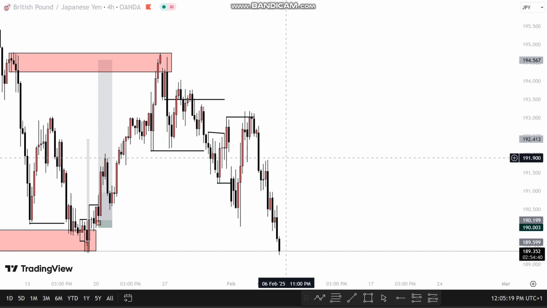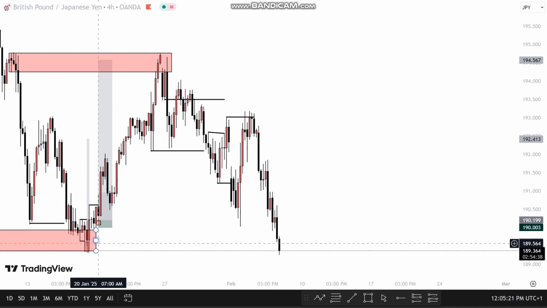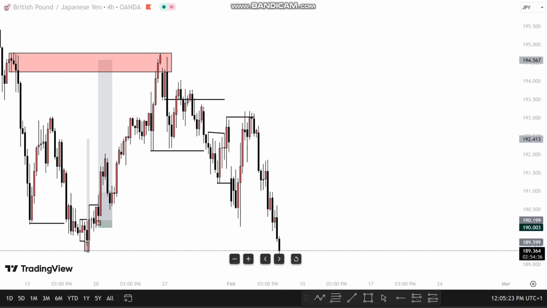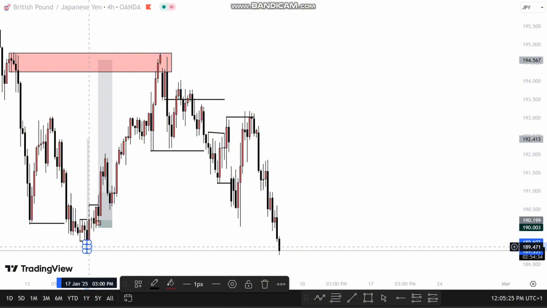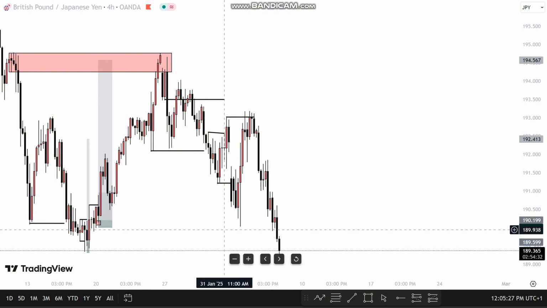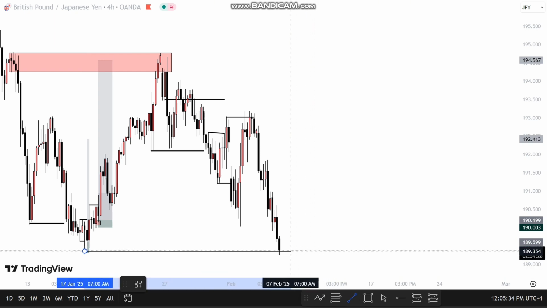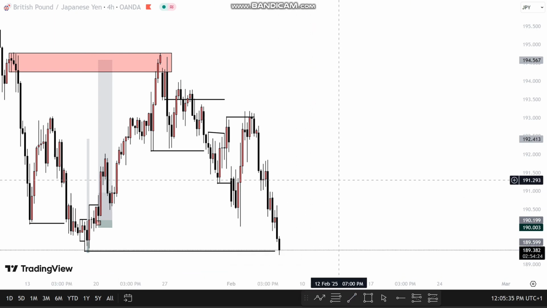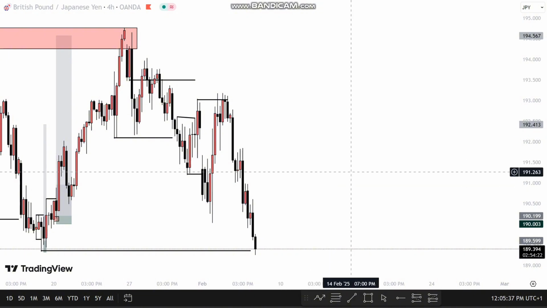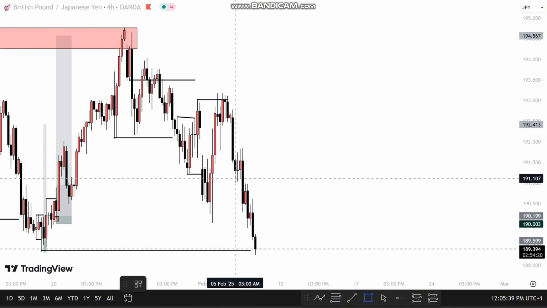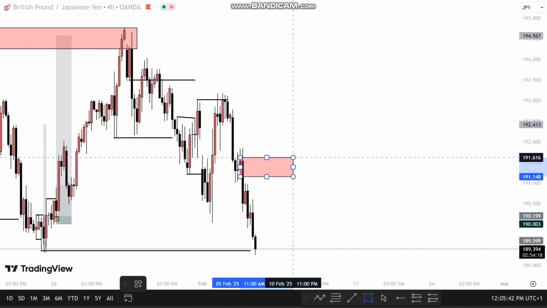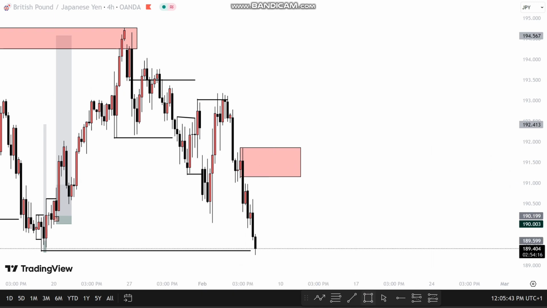So all these things are things you can actually do if you understand liquidity concept. It's very, very simple, guys. And now price has taken this low. Where is our next point of interest to sell? First of all, I would like to see price come to tap into this supply area, because of what? There is a structural liquidity.